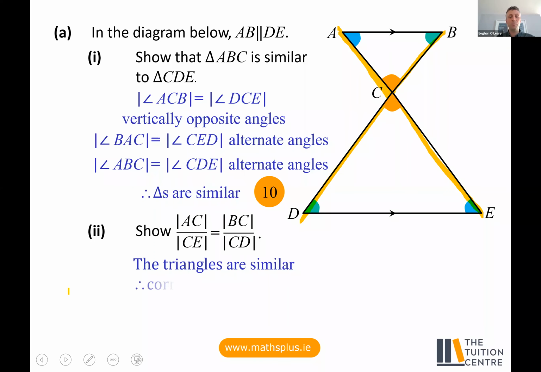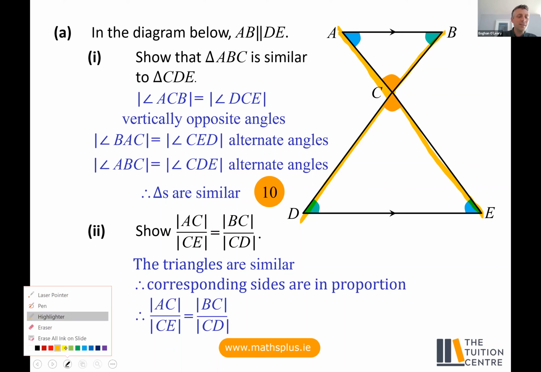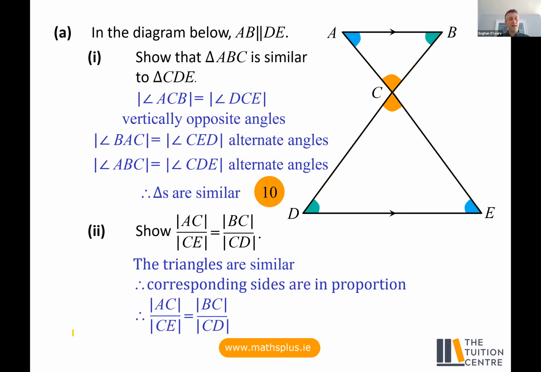So therefore, I can say the corresponding sides are in proportion, and straight away I can just answer the question. If I know my theorems, I can say AC divided by CE is equal to BC divided by CD. And it was simple as that for 10 marks.